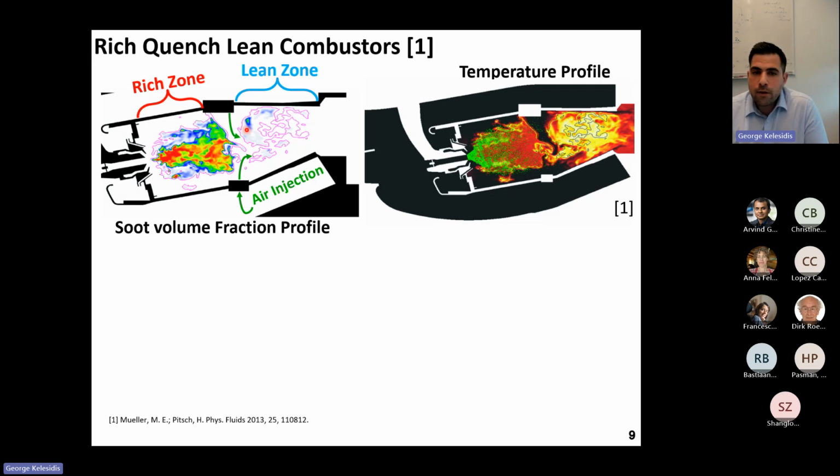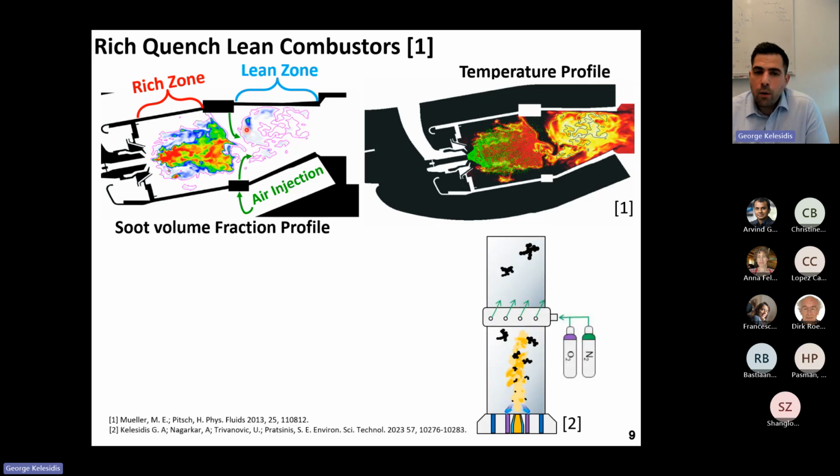So in order to assist the optimization of this aircraft engine design, we used a lab-scale flame reactor for the enclosed spray combustion of jet fuel. This flame reactor emulates the rich, quench, lean concept of these larger-scale combustors.